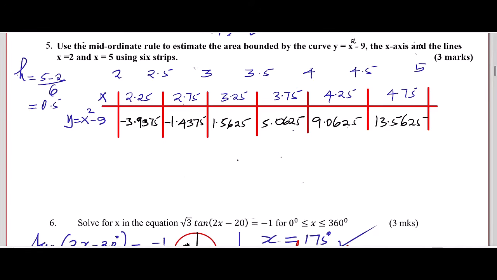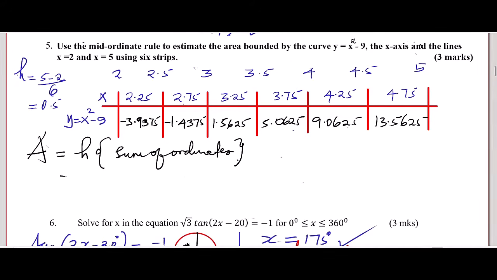So those are the heights. Now using the mid-ordinate rule, how do you estimate the area? Area using the mid-ordinate rule is given by the height, multiplied by the sum of the ordinates. The height is 0.5. Now we add the ordinates.